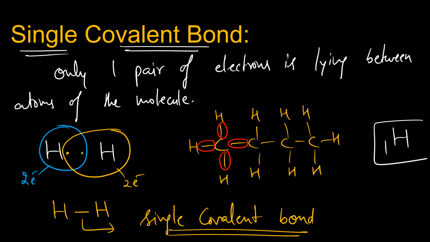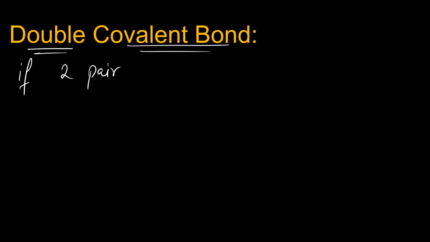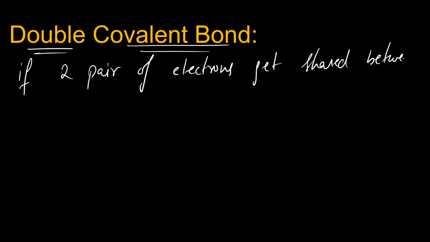Now let's discuss the double covalent bond. So what is a double covalent bond? It's pretty simple. Like in single, we discussed that one pair of electrons gets shared. Now in double, if two pairs of electrons get shared between the atoms, that forms a double bond.